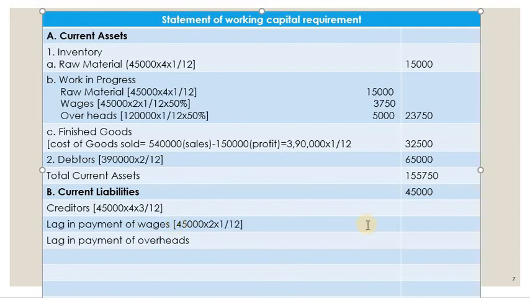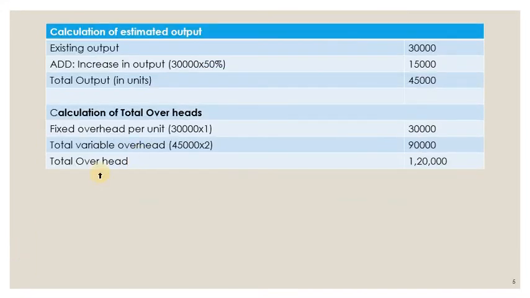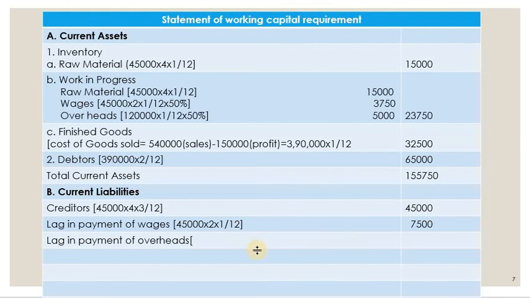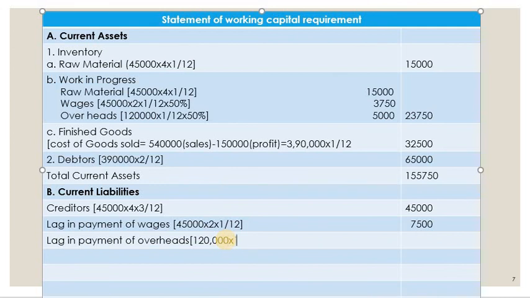So lag in payment means delay, outstanding payments. So wages is how much? So wages, you will get the value. So how much is it? 7,000. So how much is it? 7,500. Overheads. So how much is the overhead? We have already calculated total overheads here. Go back. So total overhead is 1,20,000.